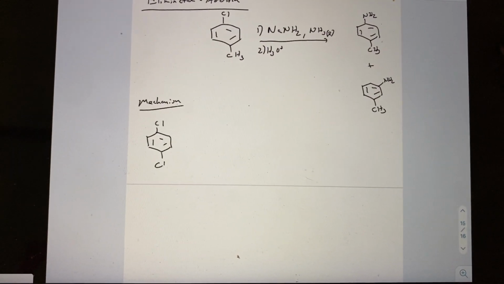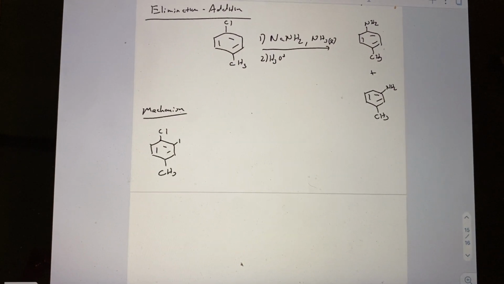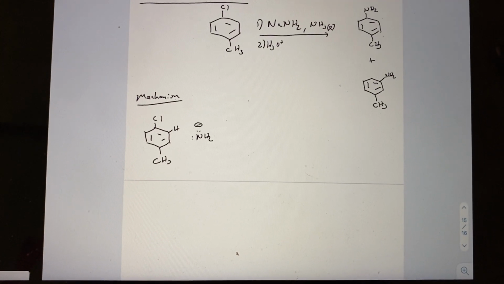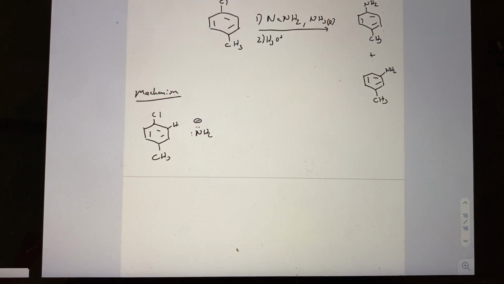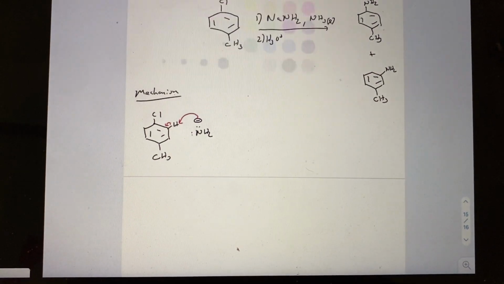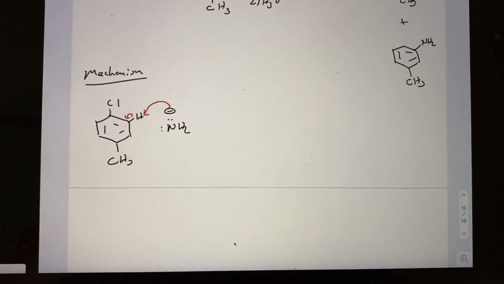is that we have this really strong base, like amide, NH2 minus, this Na plus NH2 minus. This is a strong enough base to actually pull a proton off of the benzene ring. Make this bigger now.